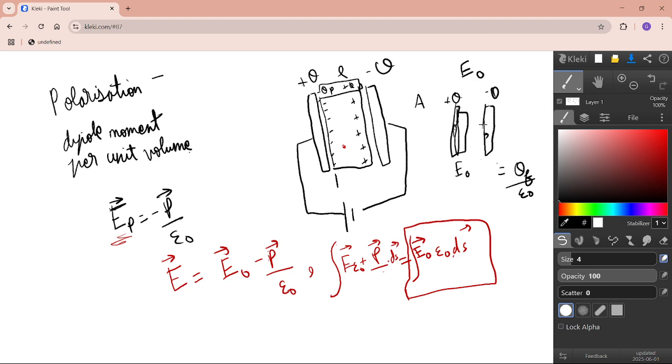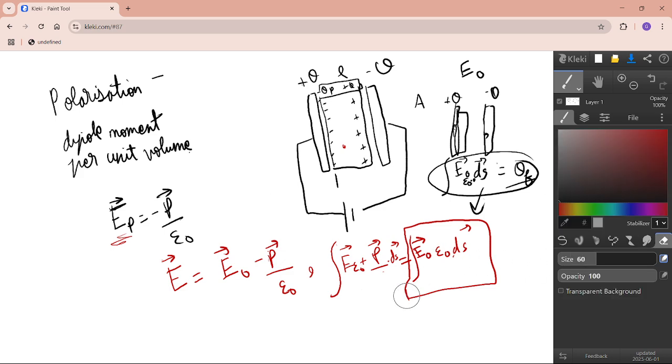Then the charge inside is of course QF, and let me not calculate the area. E dot ds is QF by epsilon naught. In other words, epsilon naught E naught dot ds is QF. It's an equation you can use here: epsilon naught E naught ds is QF, the free charge.